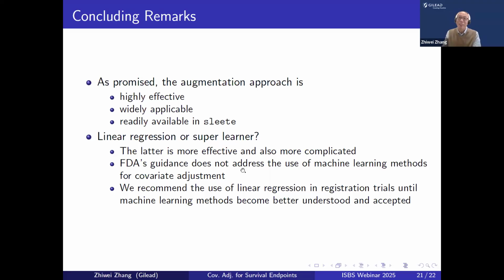For instance, FDA's guidance explicitly stays away from this topic. For practical reasons, we recommend the use of linear regression in registration trials. I do think the machine learning methods deserve more attention and better appreciation than they currently receive.